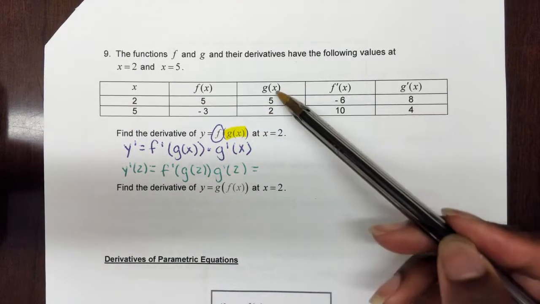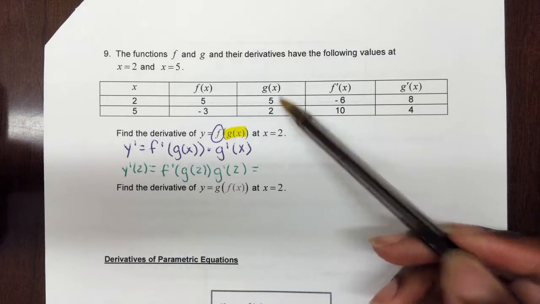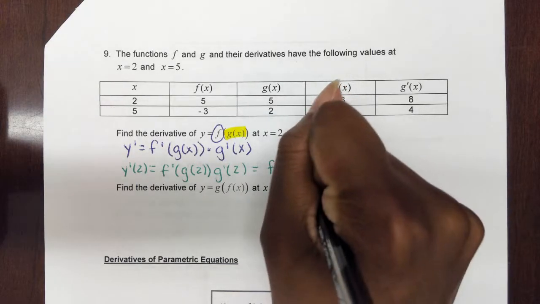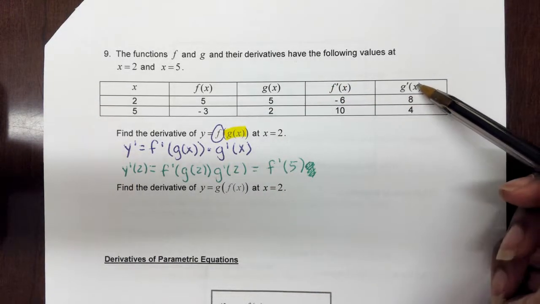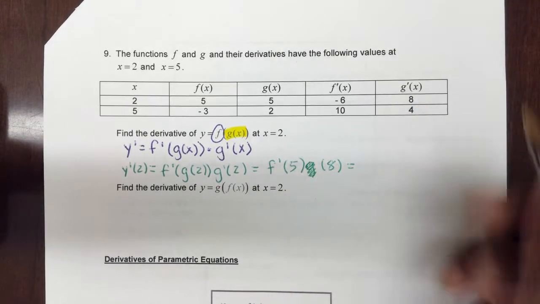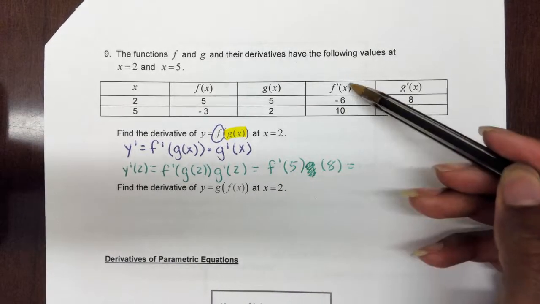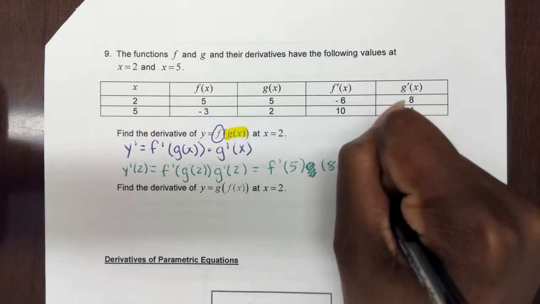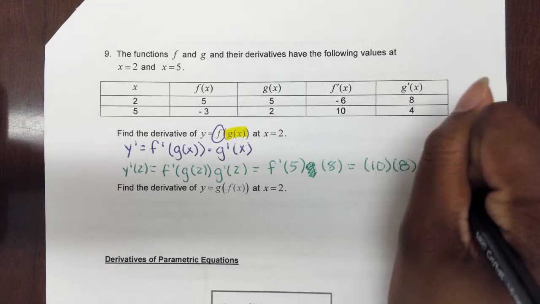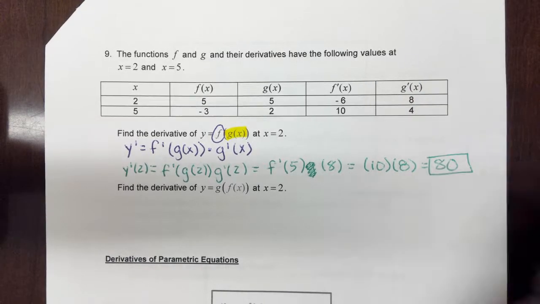So g of 2 is 5. So we have f prime of 5 times g prime of 2, which is 8. So f prime of 5 is 10, and we're going to multiply that by 8. So our answer is 80.